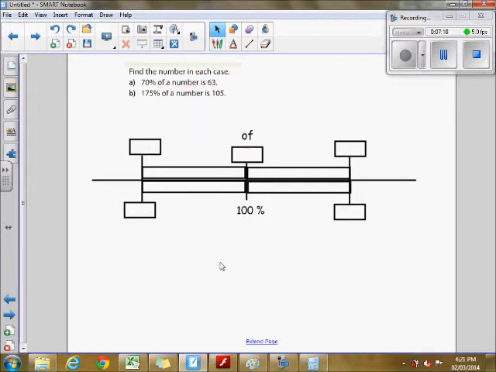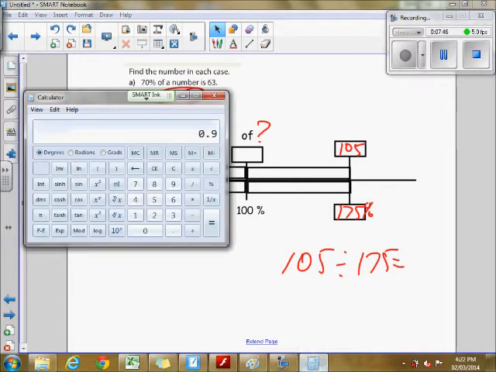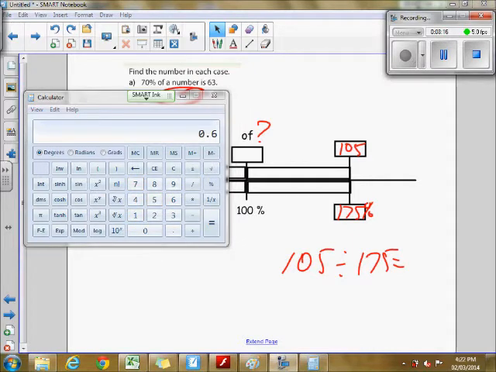Let's use the same chart for our next question. 175% of a number is 105. Again, we're not given the number. Okay, so that's our problem. 175% there, and 105 is our number. And 105 divided by 175 will give us what 1% is of our number. So we got 105 divided by 175 equals.